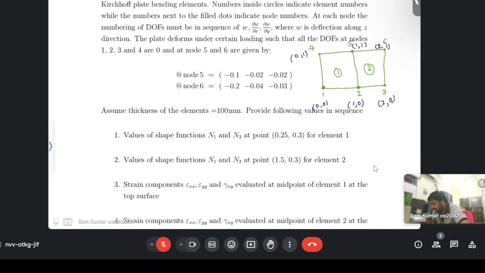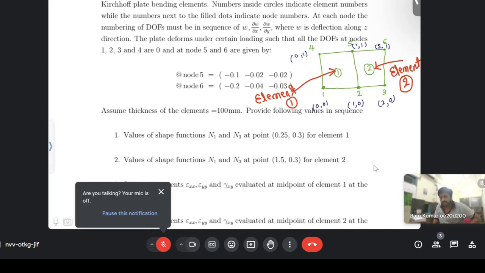The mesh contains 2 Kirchhoff plate bending elements. Numbers inside circles indicate element numbers. So this is element 1. This one is element 2. We are having 2 elements. Fine.